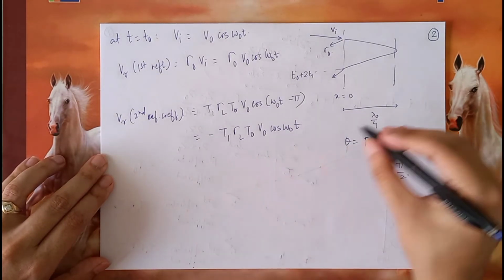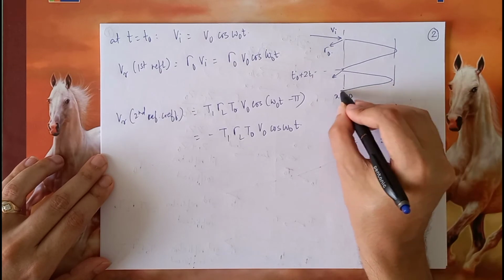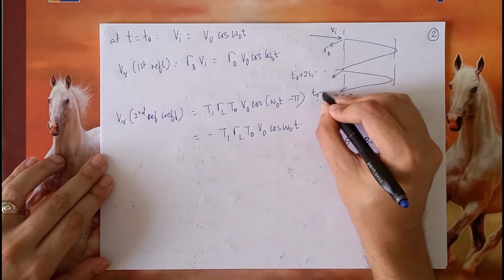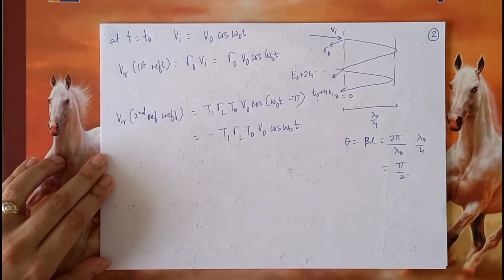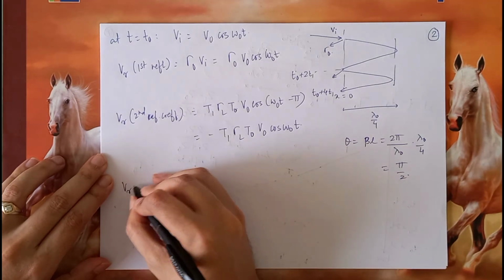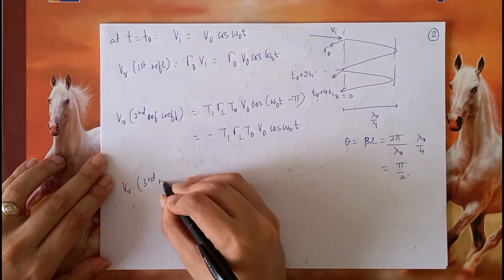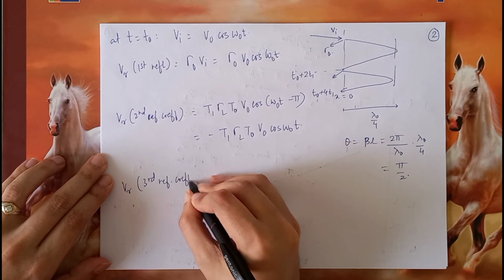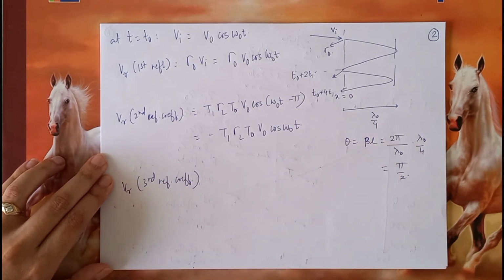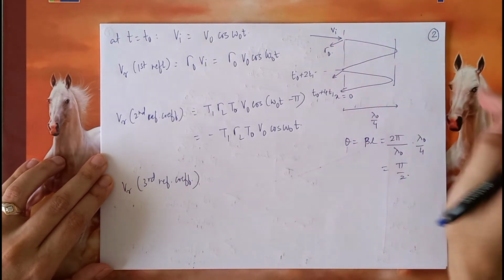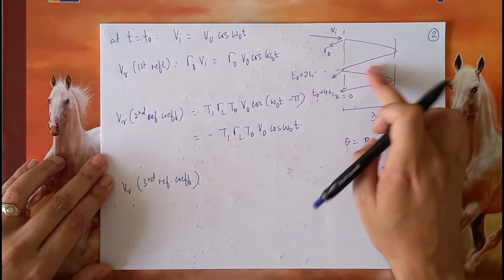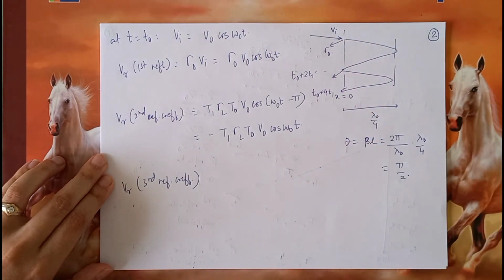Likewise, for the third reflection at T0 plus 4T1, due to the third reflection coefficient, what will it be? Now it will be 180 plus 180. So that's 360. So there is no phase difference.